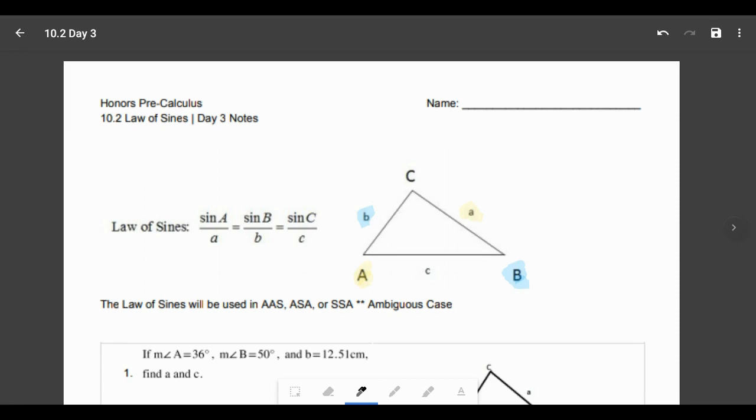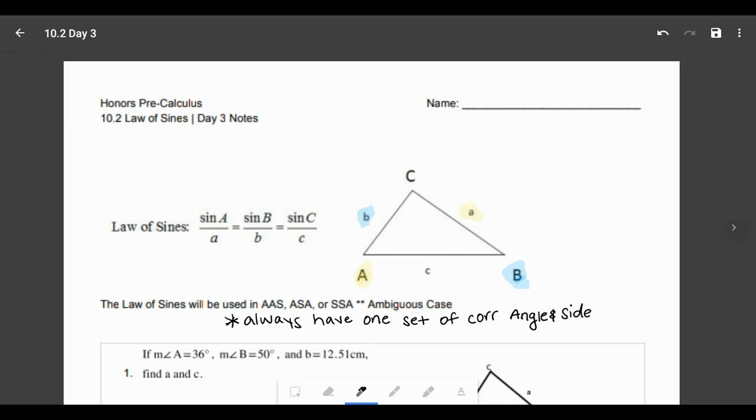So what all three of these types of triangles have in common is that whenever we have these laid out, we always have one set of corresponding angle and side.